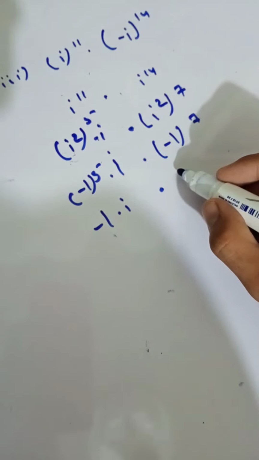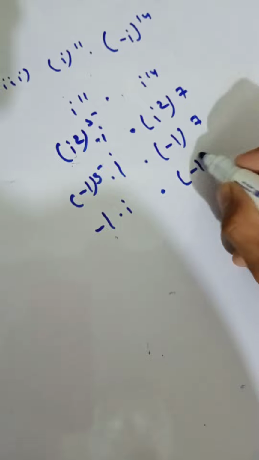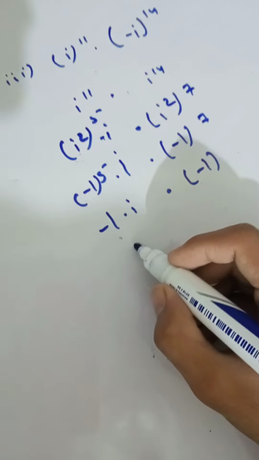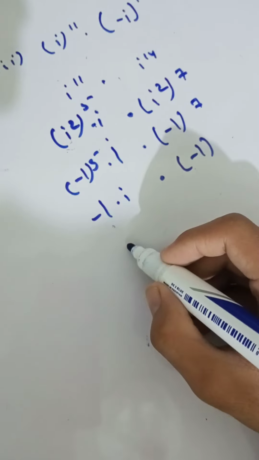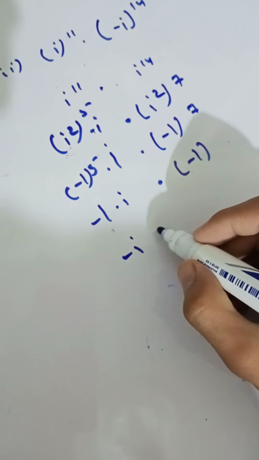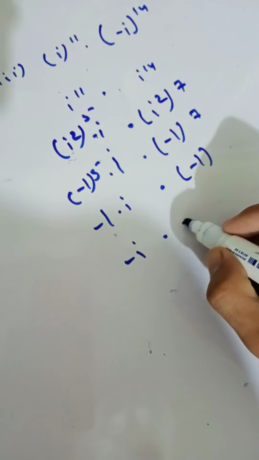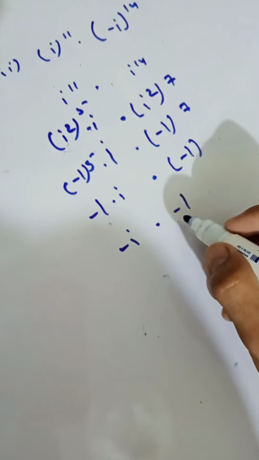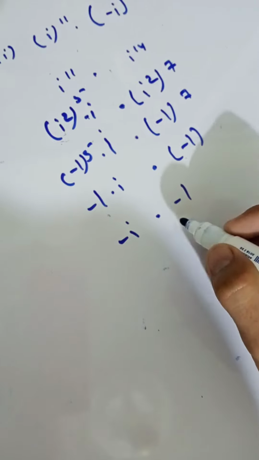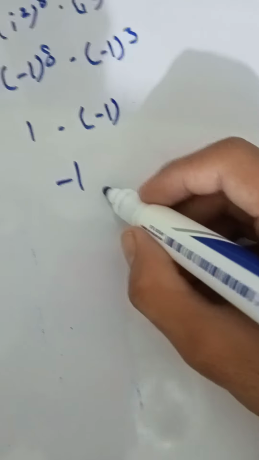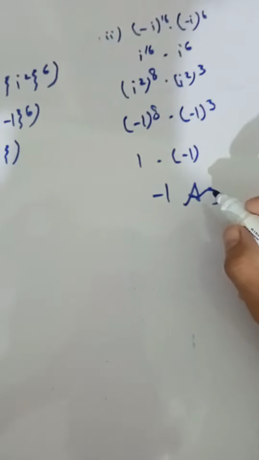This would simply be minus 1 because the power is odd. Minus plus minus minus, and iota, so minus iota. After multiplication, minus minus plus, so plus iota. This is the answer of the second part.